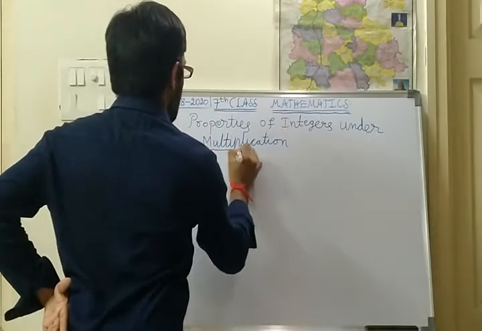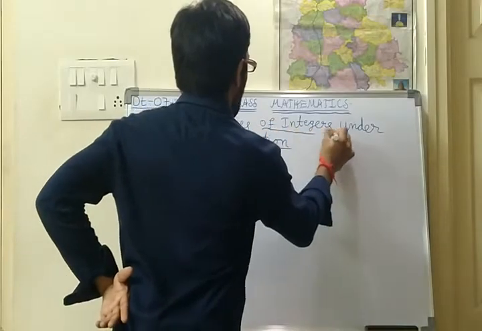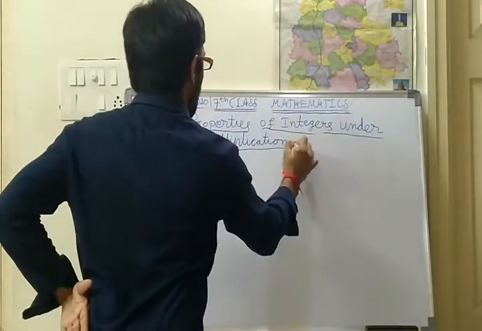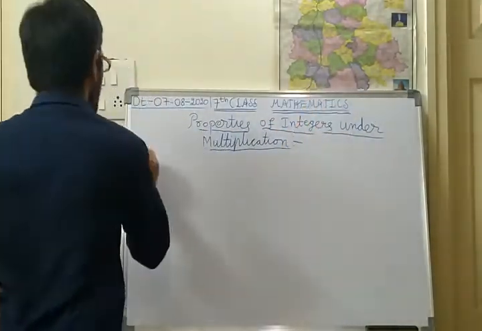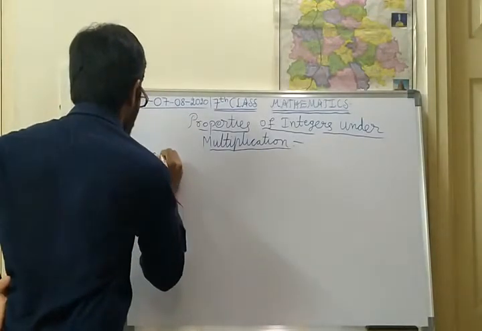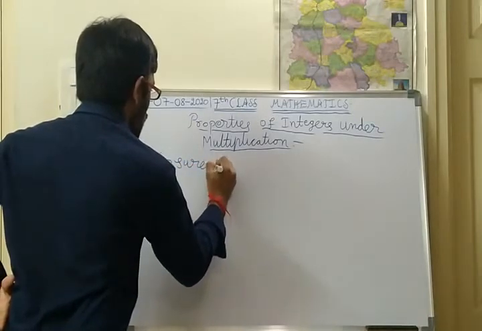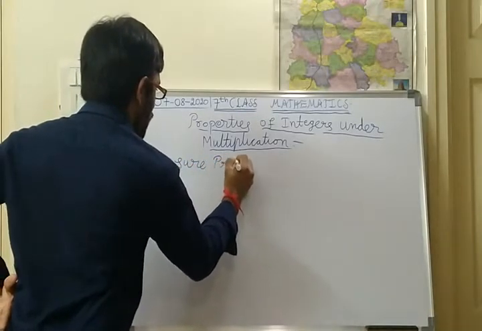Under multiplication we are seeing the properties. So what is the first property? The first property is closure property.